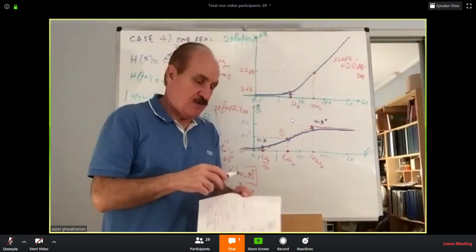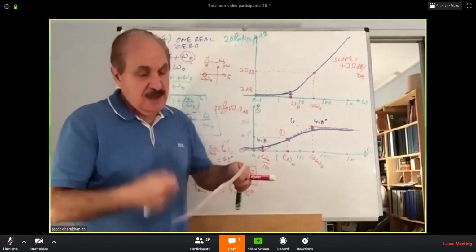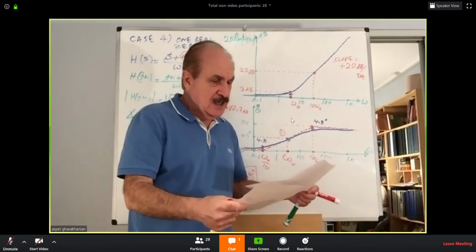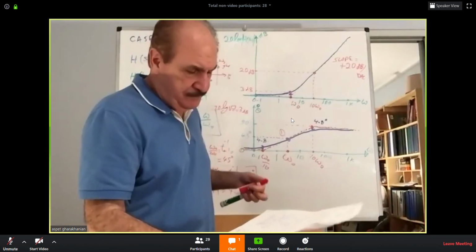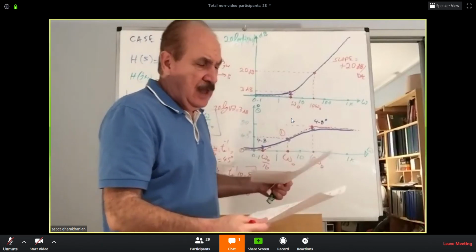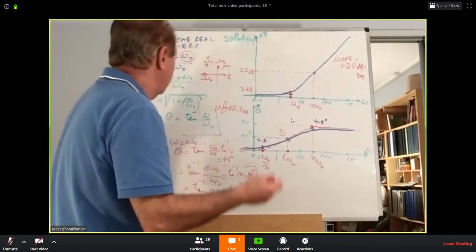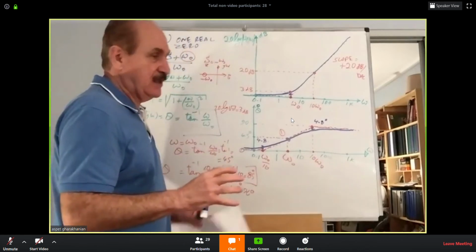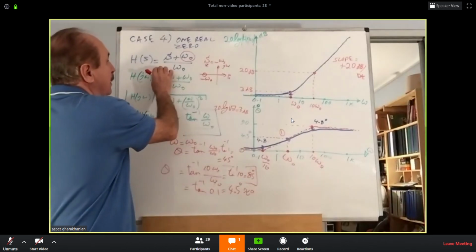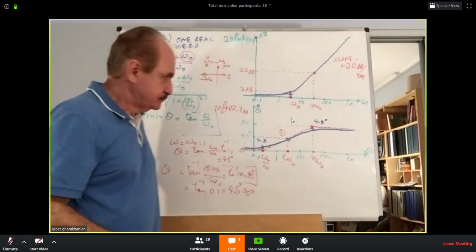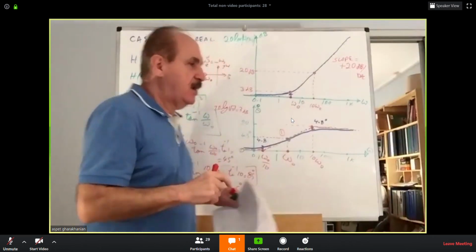So in this fashion, we can construct the Bode plot of a transfer function that possesses a zero. Okay. In here, I only went all the way to case 4, but there are other versions. Now, it gets a little more complicated when you have a complex pole, because in a complex pole, you have two poles, of course.